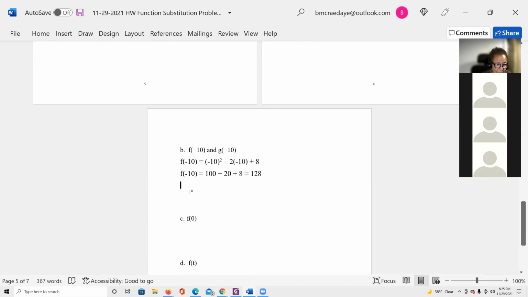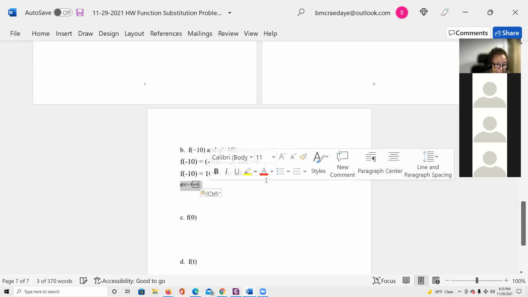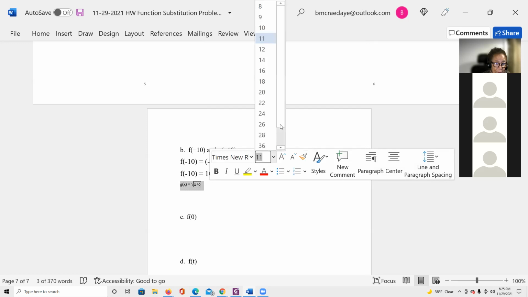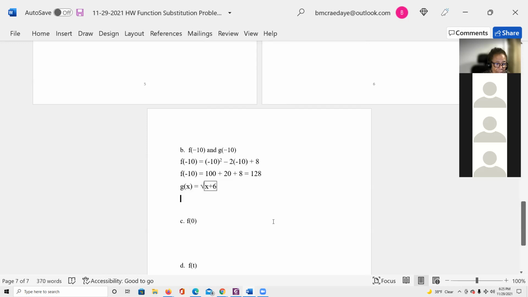Okay, so let's put our G here. Now wherever you see the X, you want to put a minus 10, right? So put a minus 10 here, and put a minus 10 here.